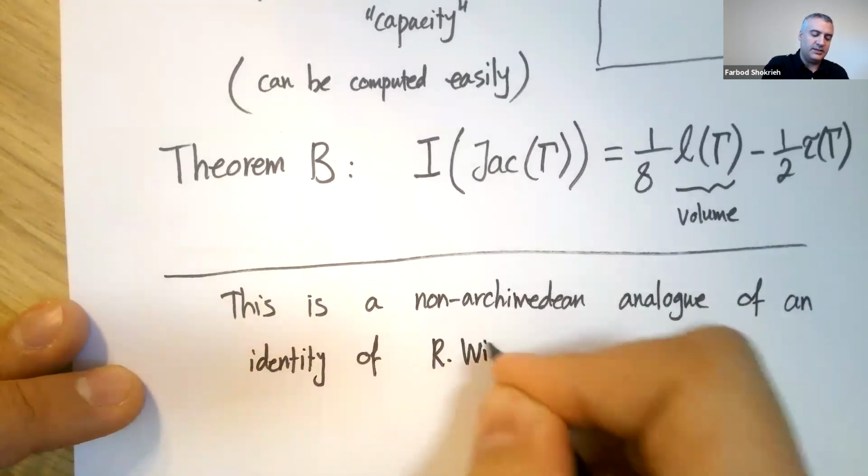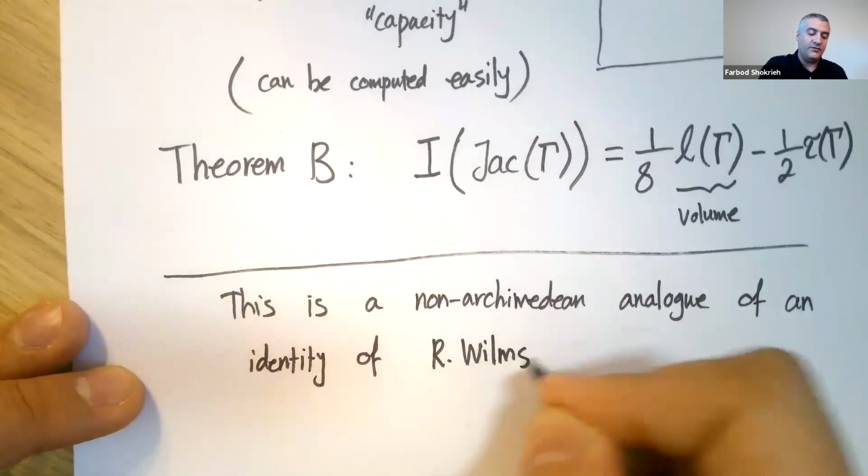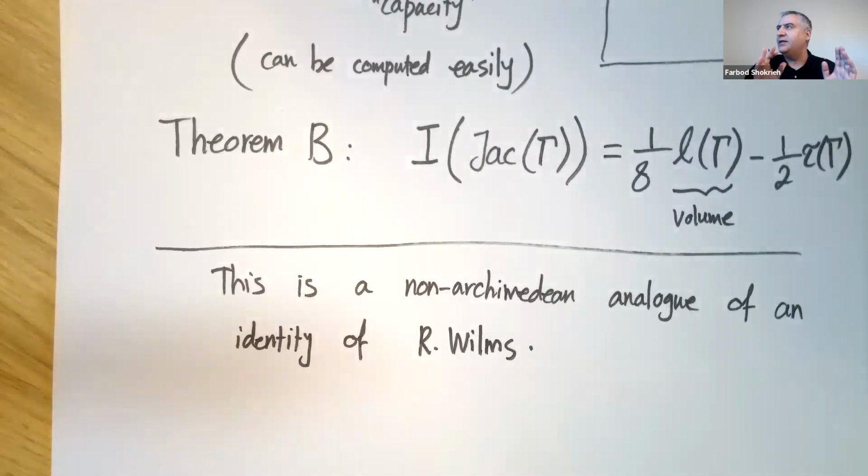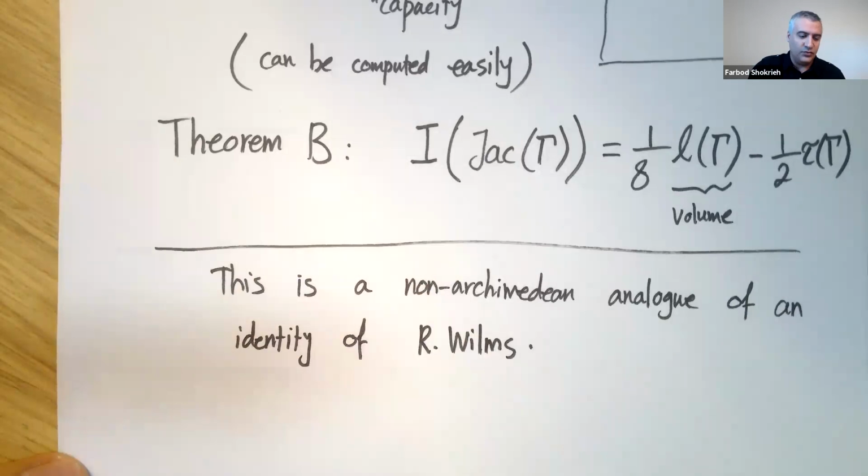I think this was his PhD thesis on Faltings height. He relates the delta invariant with the I invariant and the phi invariant together and has some linear relation like that. And that's how we conjectured this should be true.